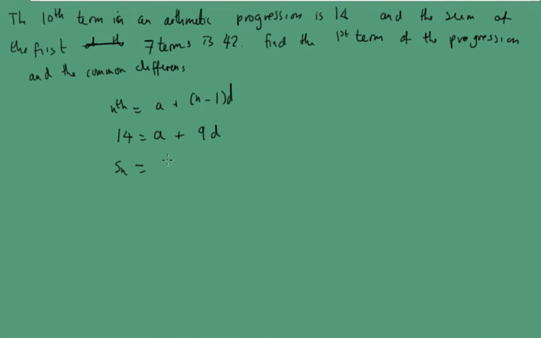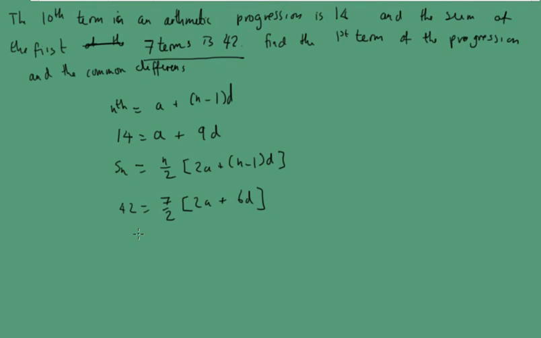So Sn is n over 2 (2a plus n minus 1 d), so 42 is equal to 7 over 2 (2a, we don't know what a is, plus 7 minus 1 which is 6d).